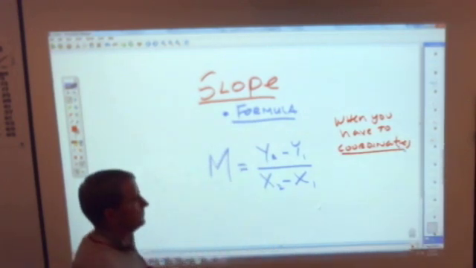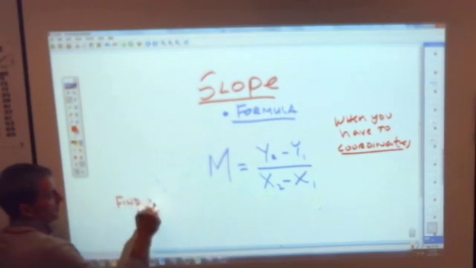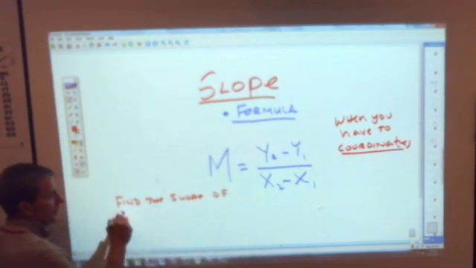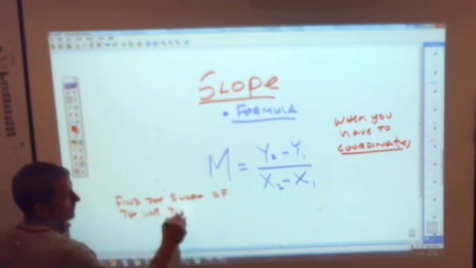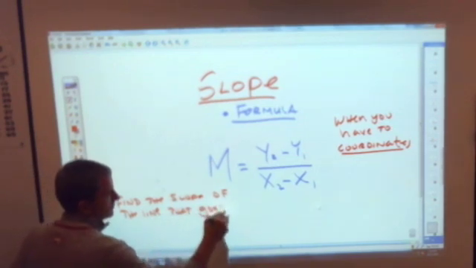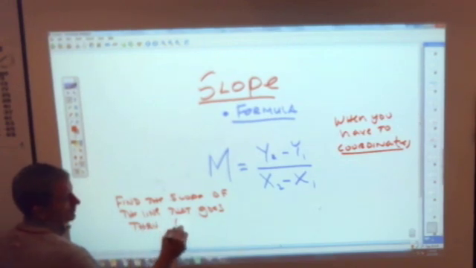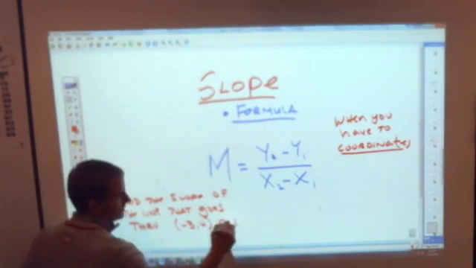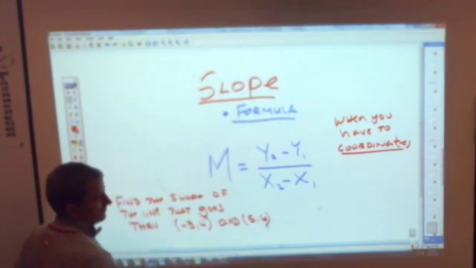For example, if I asked you to find the slope of the line that goes through, let's say, negative 3, 4, and, I don't know, 5, 6.